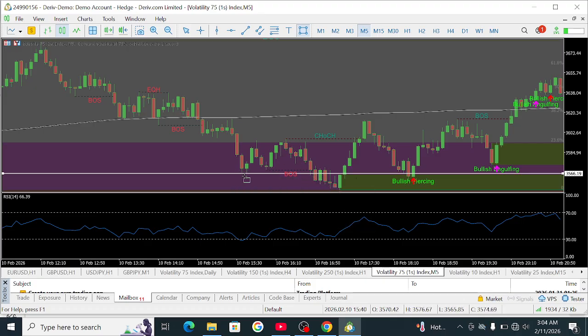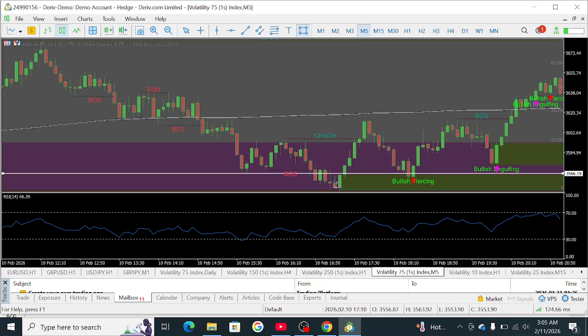After it has broken this lower low, what do we wait for? We wait for it to take out this lower high. After taking out the lower high, then we start looking for which area we're supposed to wait and take our trade.